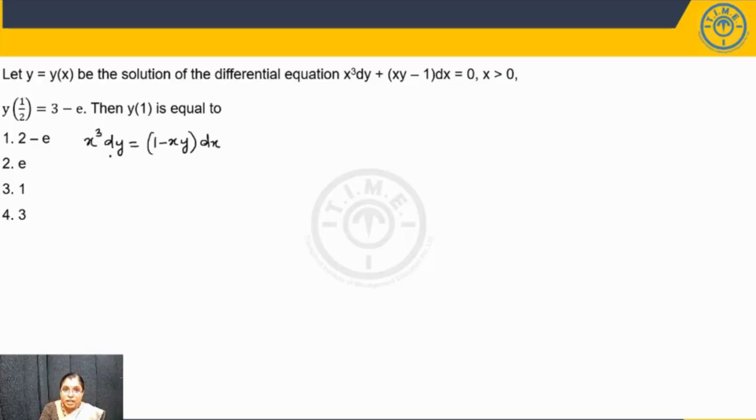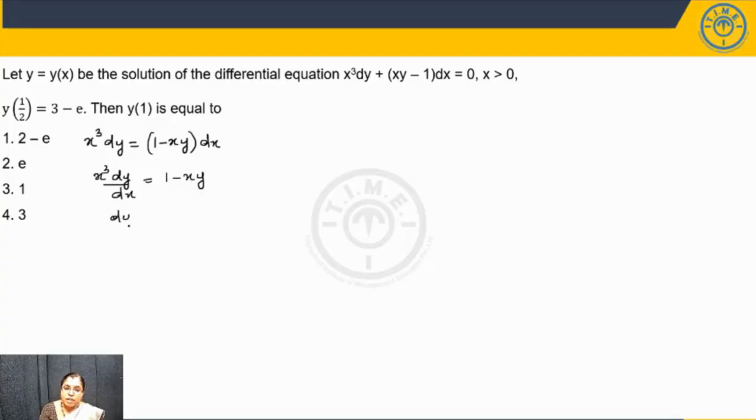Now just by looking at this, we are sure that this is neither variable separable nor homogeneous. So I'm just going to convert it into the form of a linear differential equation. Let me write x cube dy by dx equal to 1 minus x y. Let's divide by x cube.